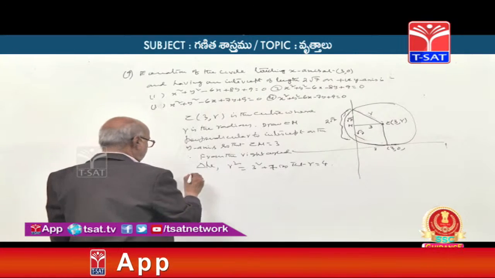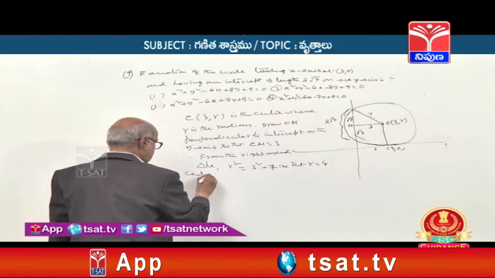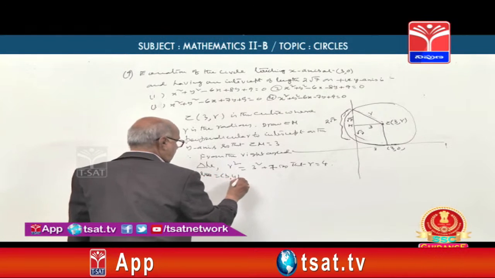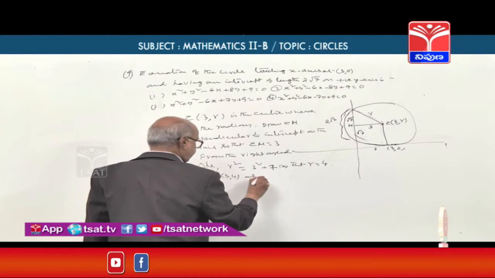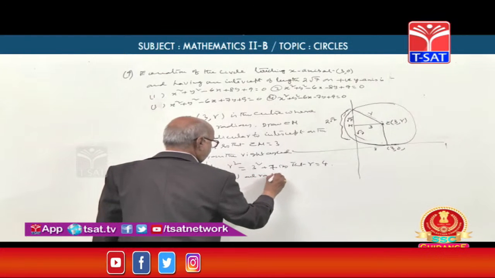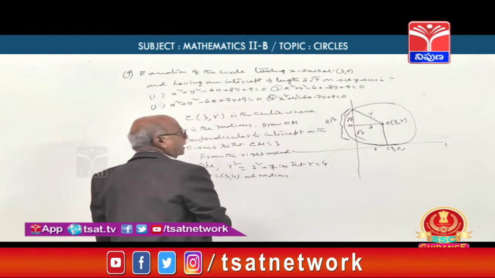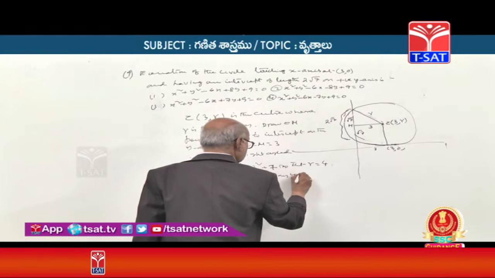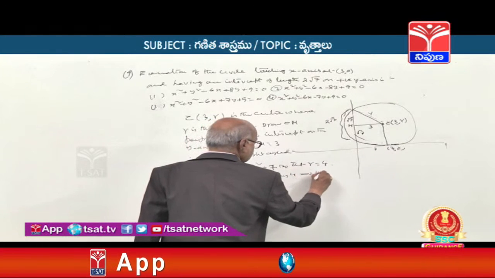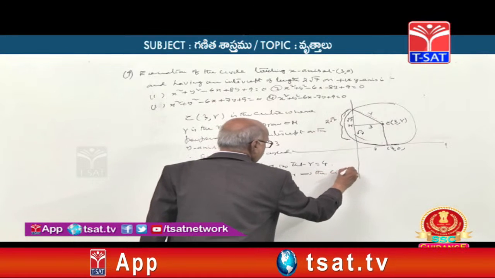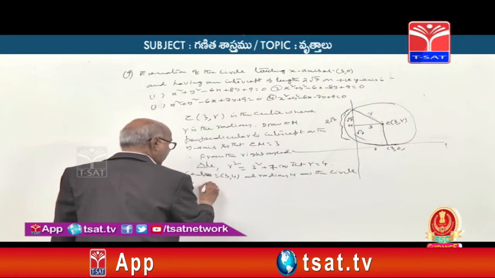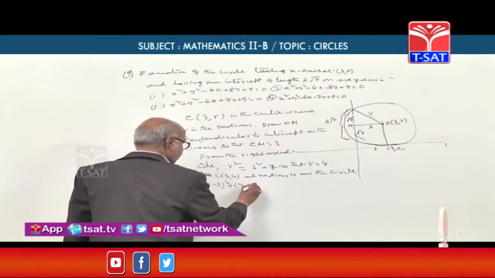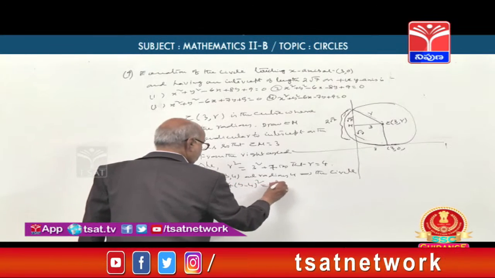Okay. So, center is equal to (3, 4) and radius 4 implies the circle equation. The circle is x minus 3 whole square plus y minus 4 whole square is equal to 4 square.